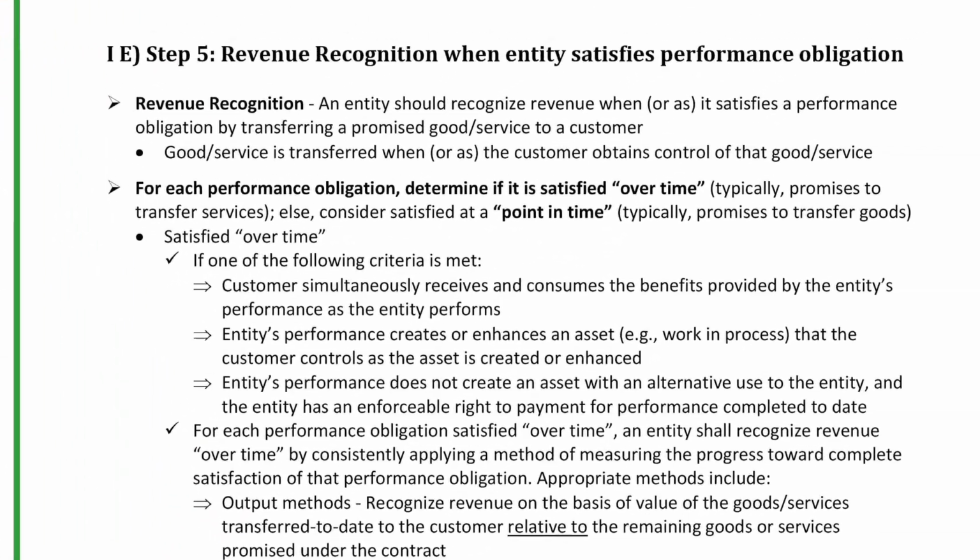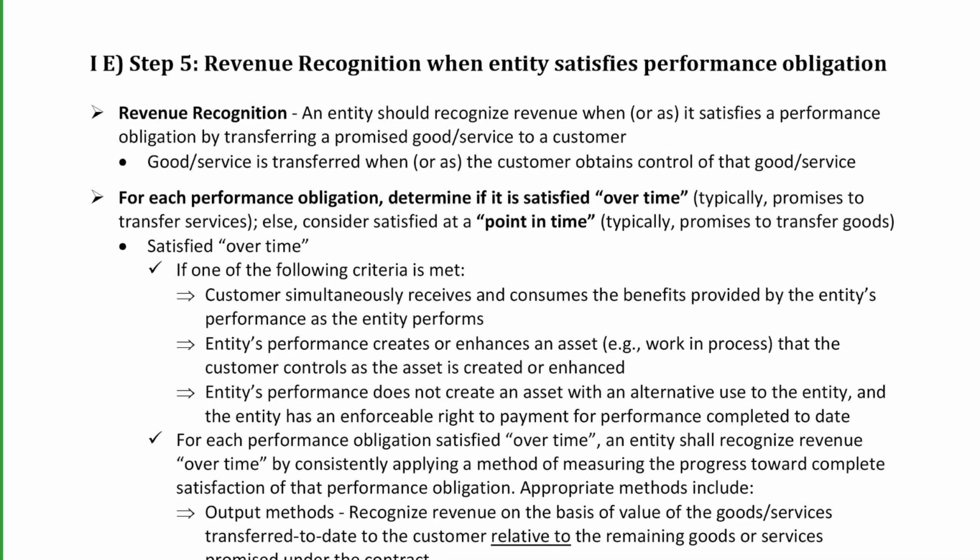On page 59, we got step 5, which is put a box around revenue recognition when the entity satisfies a performance obligation. And write a CPA app for revenue recognition and circle the RR for revenue recognition.